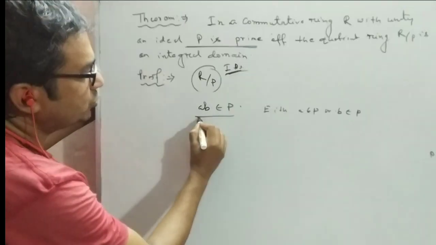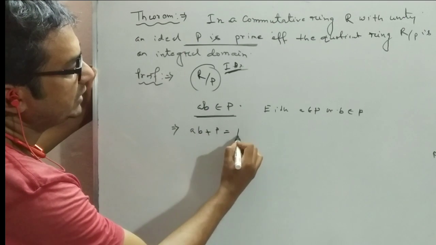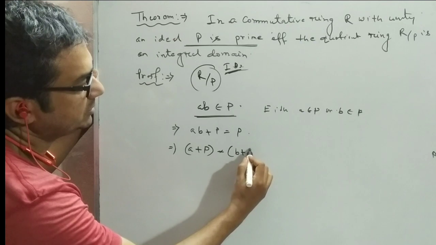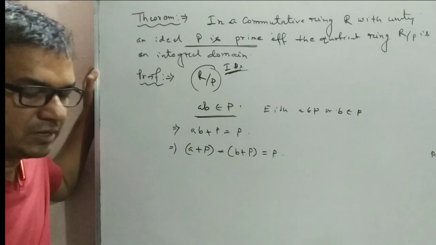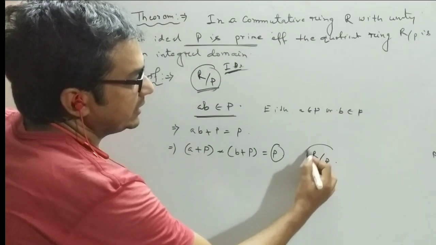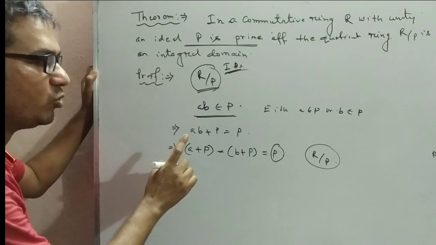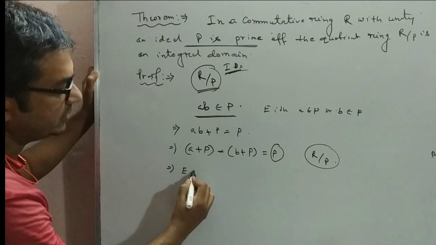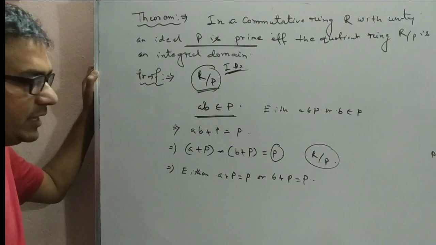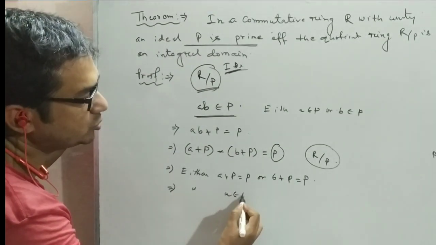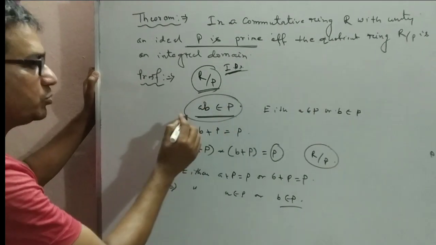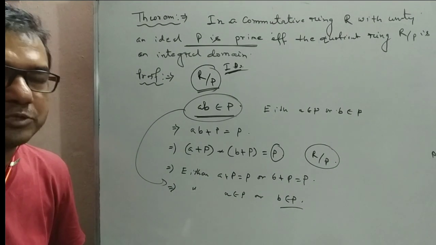Now ab belongs to P implies ab + P = P, and this implies (a + P)(b + P) = P. This is the zero element of R/P, and since R/P is an integral domain, from the definition of integral domain it contains no divisor of 0, so either a + P = P or b + P = P. If a + P = P, then a belongs to P, or if b + P = P, then b belongs to P. That is, ab belongs to P implies either a belongs to P or b belongs to P. That is, P is a prime ideal.